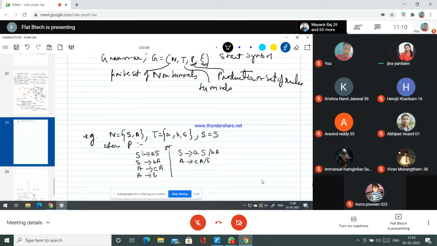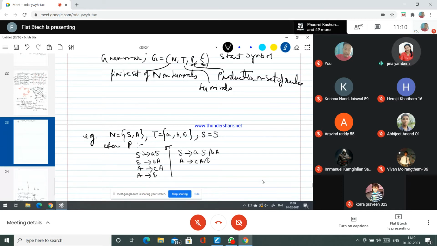Now let me explain those terms. N is the set of non-terminals, capital alphabets. T is equivalent to input symbols. And S is the start symbol. Production rules are of this form.